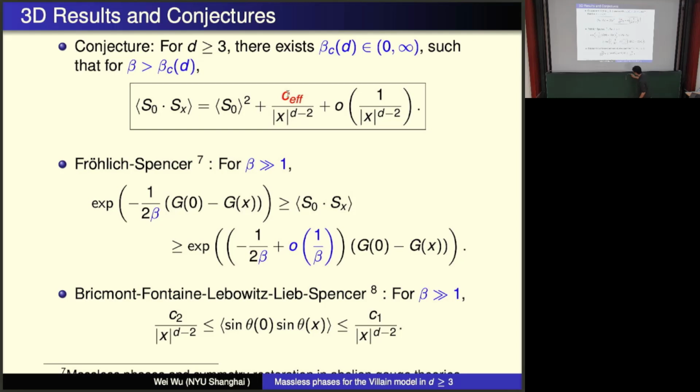So you have a boundary condition with all spins pointing in one direction. You take the infinite volume limit, so that gives you some Gibbs state. Now if you look at the transversal direction, the second component of spins, that gives you the sine-sine correlations. What they have proved is that the two-point function has upper and lower bounds which differ by some multiplicative constant at low temperature.